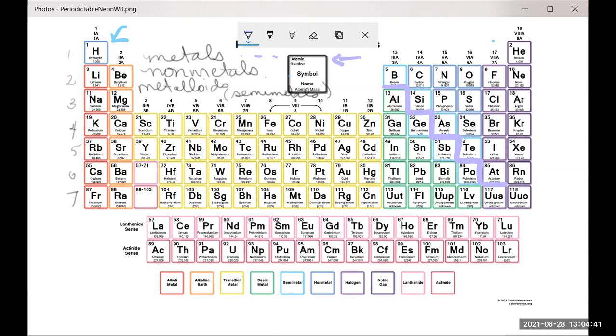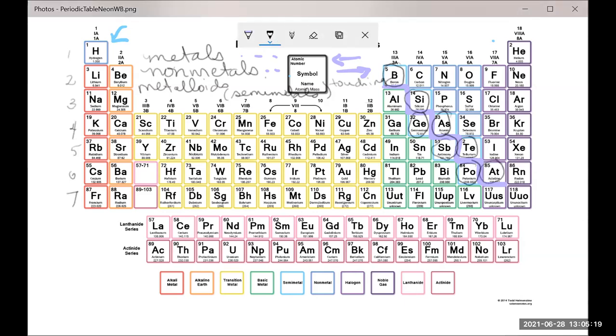Everything to the right, starting with carbon, nitrogen, oxygen, are nonmetals. And touching the staircase, we get our metalloids. So boron can be considered a metalloid, silicon, germanium, arsenic, antimony, tellurium, polonium, even astatine. These don't exist long enough.